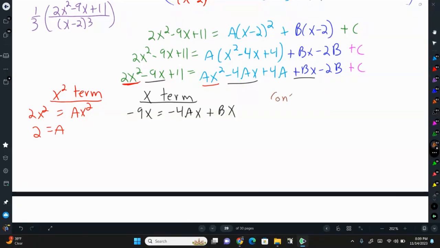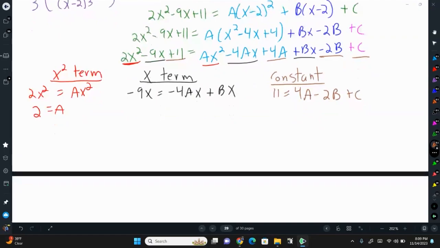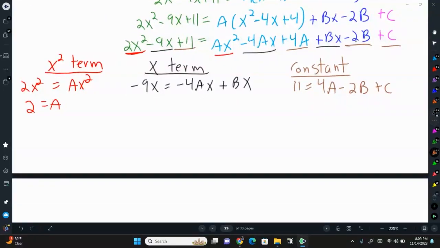So then our constant, we have 11 is equal to 4A minus 2B plus C. Now in this one, we won't be able to figure out C until we know A and B, whereas the one above, we were able to figure out C right away. So negative 9x equals negative 4 times 2x plus Bx.